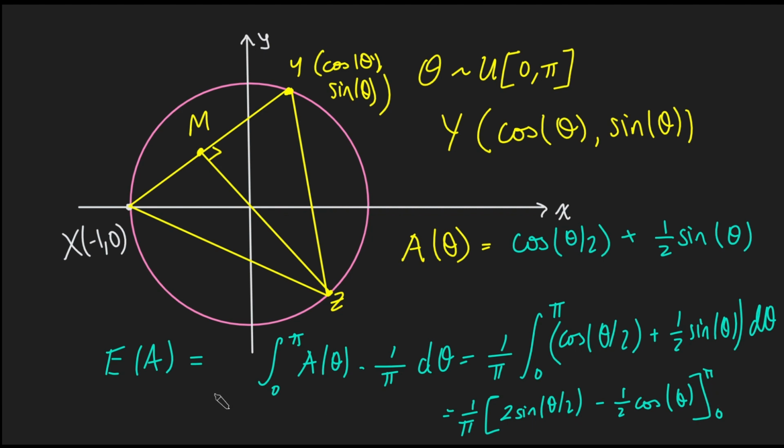So this is 1 over pi times 5 over 2, minus, when I plug in 0, that's 0, and then I get minus a half of 1, so this is going to be minus a half. And 5 over 2 minus a half is 3, and so this is just 3 over pi. So the expected area of this triangle is just 3 over pi, which I think is quite a nice little result. So obviously slightly less than 1.